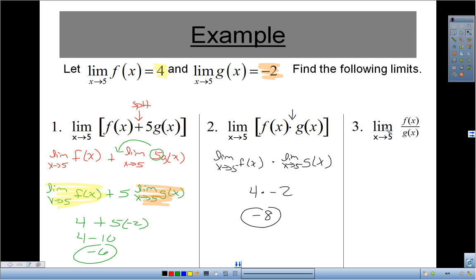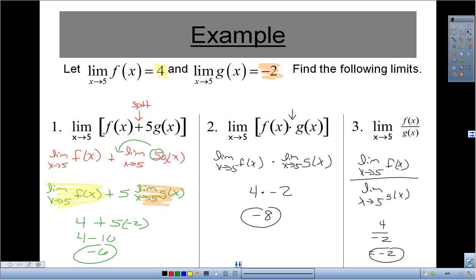And then for number 3, I can split this apart into the limit as x approaches 5 of f of x over the limit as x approaches 5 of g of x. So that would be 4 over negative 2, which would be negative 2. So you see you can use the properties of limits to help you solve more complex problems.